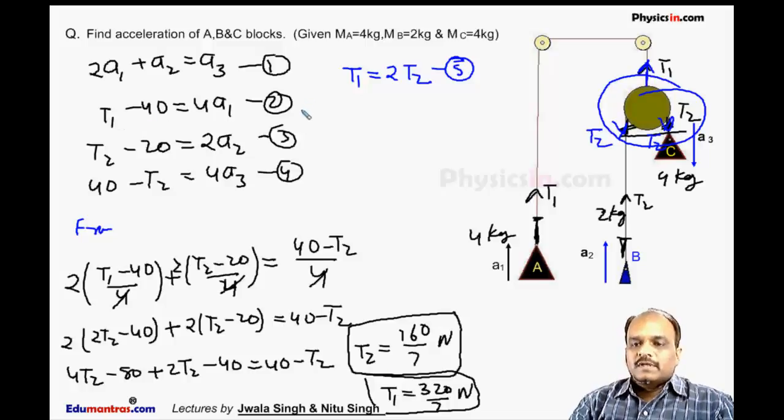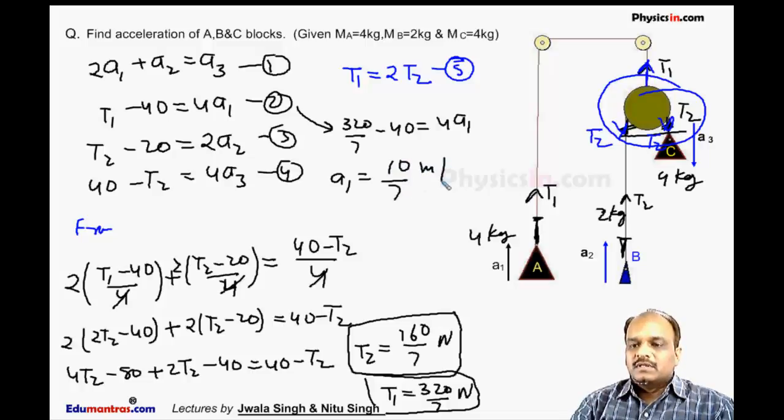From the first equation, T1 means 320 by 7 minus 40 is equal to 4A1. So A1 is equal to 320 minus 280, it is 40, so 10 by 7 meter per second square. So this is A1.